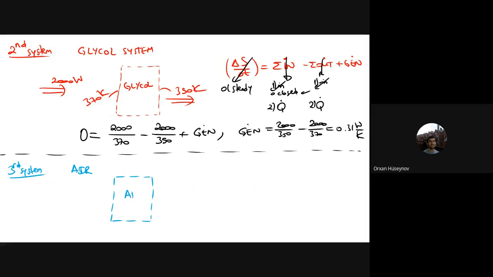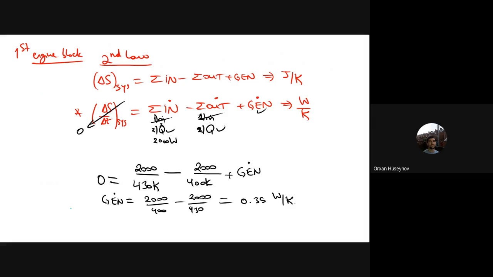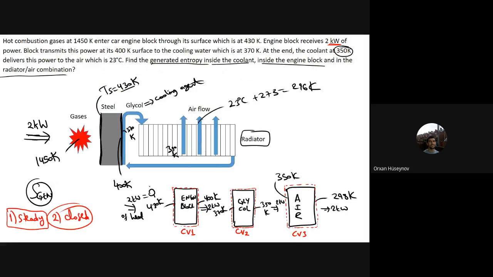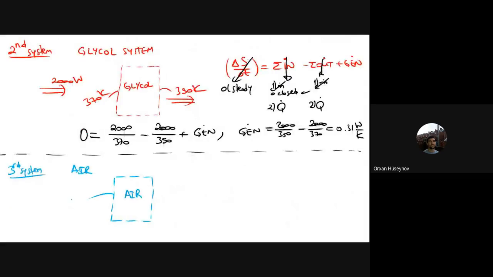On one side you will have the temperature 350 Kelvin, and on the other 298 Kelvin. I will write this similarly, the second law: dS by dT of the system will be equal to total in with the rate quantity, minus total out with the rate quantity, plus the generation with a rate quantity.